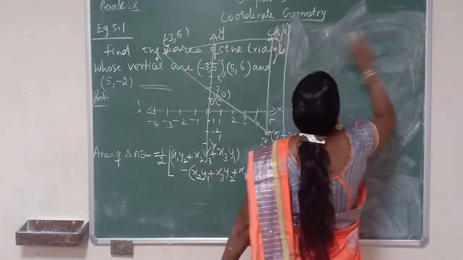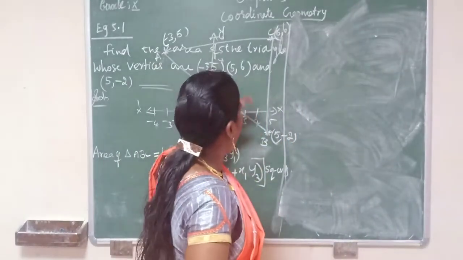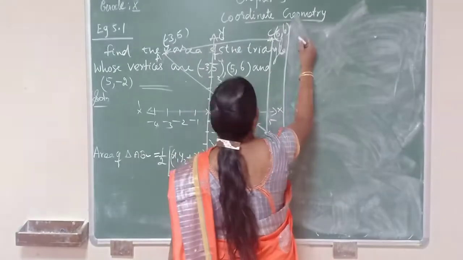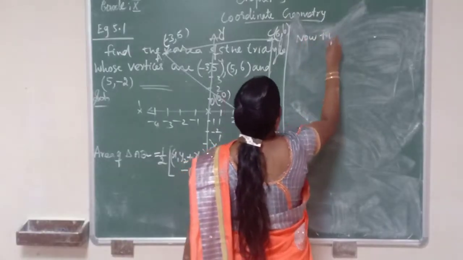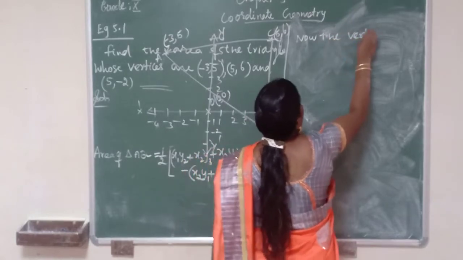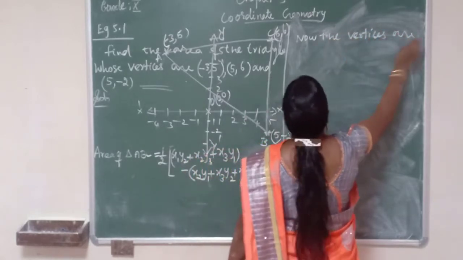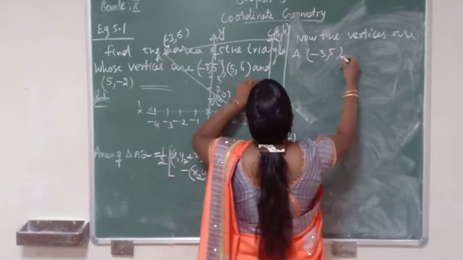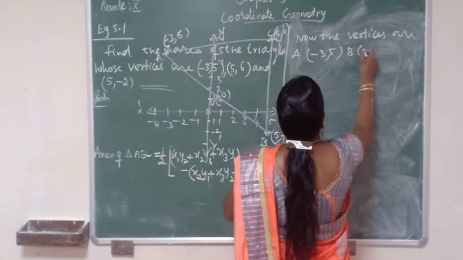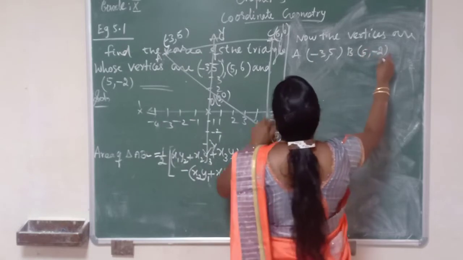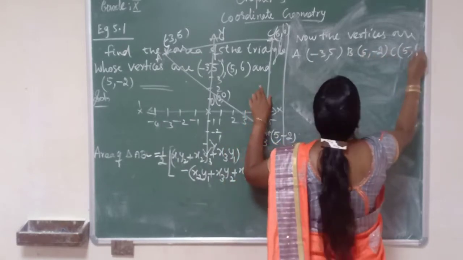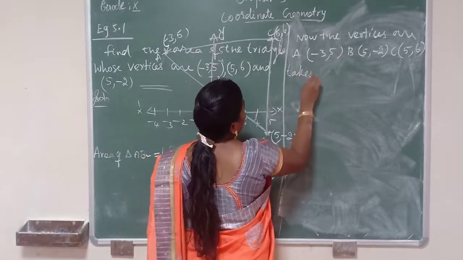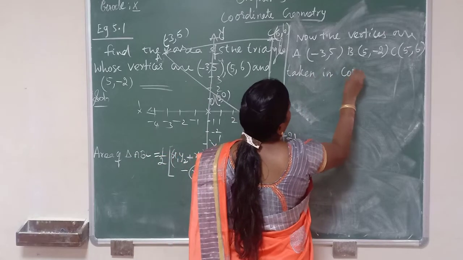Now we can give the name for the triangle. We have given A, B, C, so this order we can take. Now the vertices are A of minus 3 comma 5, B of 5 comma minus 2, and C of 5 comma 6, taken in order, counter-clockwise order.